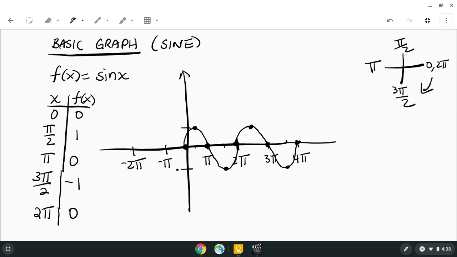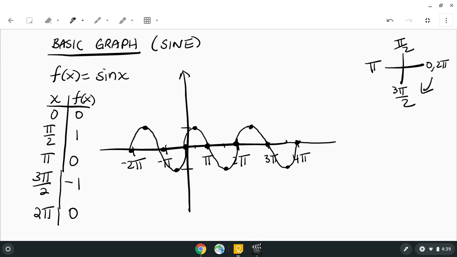Then at 3 pi over 2, I get -1. For negative pi, I get 0. Then -3 pi over 2, I get 1. And then I get back to 0 again. So again, I get the same sort of sine wave, and it goes on forever and ever in both directions, left and right. This is what happens.